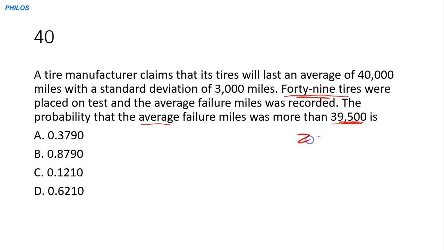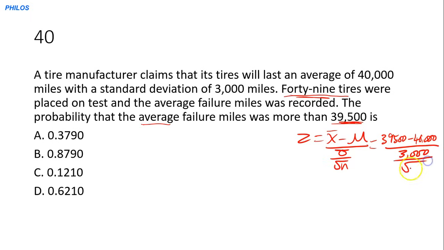The Z formula you use here is x bar minus mu divided by standard deviation over root n. So our x bar is 39,500 and mu is 40,000, divided by the standard deviation, 3,000, over the square root of n, which is 49. When you put this on your calculator, you get negative 1.17.